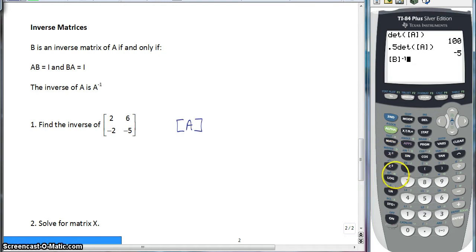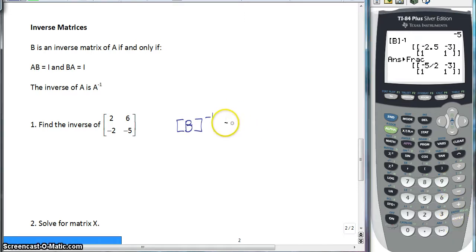This is your inverse button. So what you need your calculator to say is the inverse of B. Click enter, and it's going to give you this, and then all you have to do is from here you can press math, enter, enter, and it will change that into fractions for you.